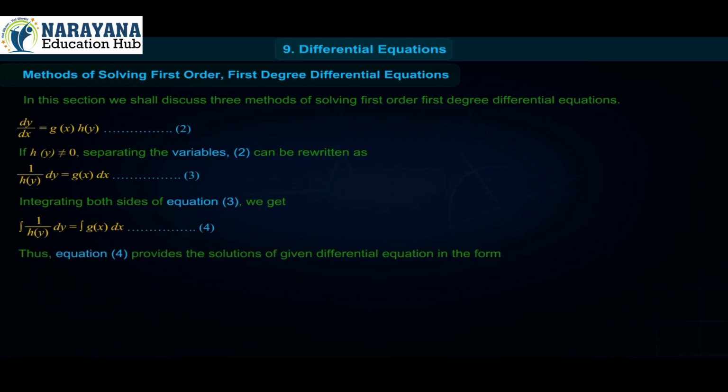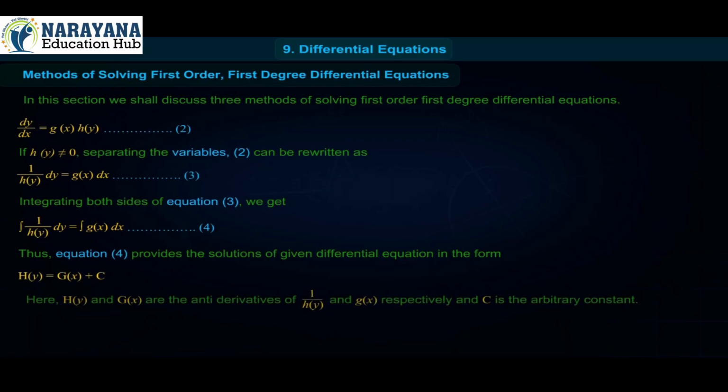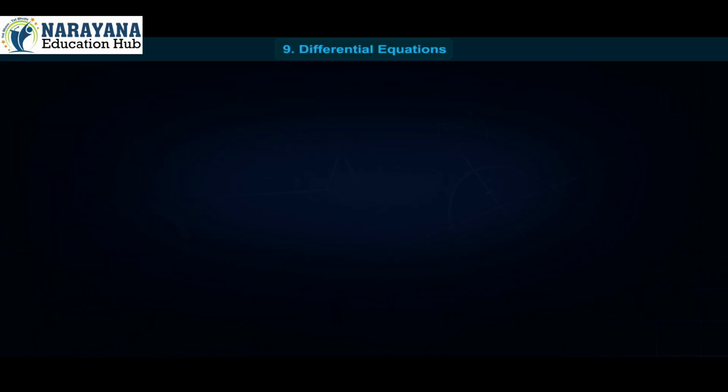Equation 4. Thus, equation 4 provides the solutions of given differential equation in the form H of y is equal to G of x plus c. Here, H of y and G of x are the antiderivatives of 1 upon h of y and g of x respectively, and c is the arbitrary constant.